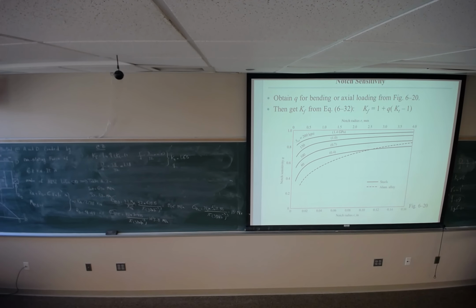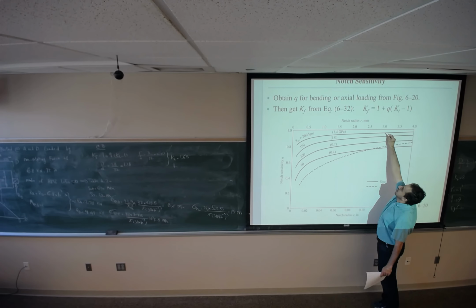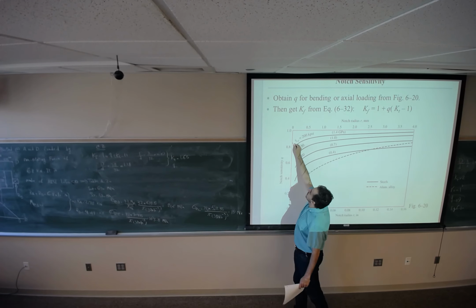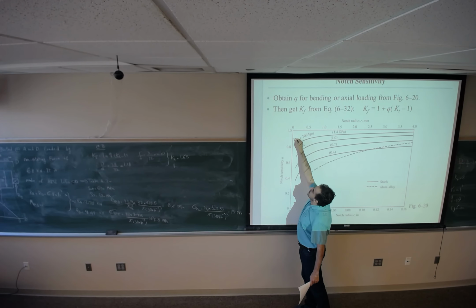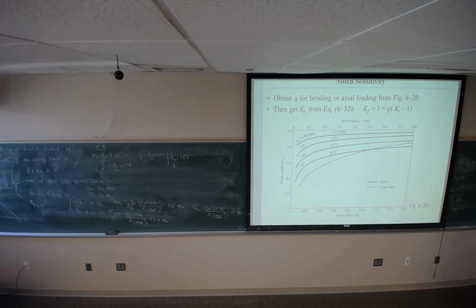So 700 megapascal and 3, it's coming here. If we read this, 0.8 is here, 0.9 is here, I give it 0.83 or 0.82. Again, you can have some error on reading the numbers, but it should be around 0.8.